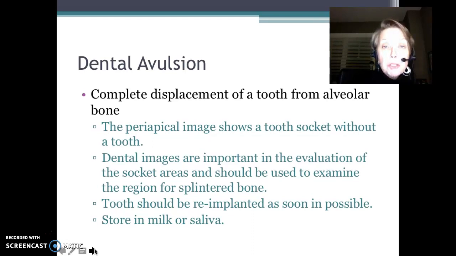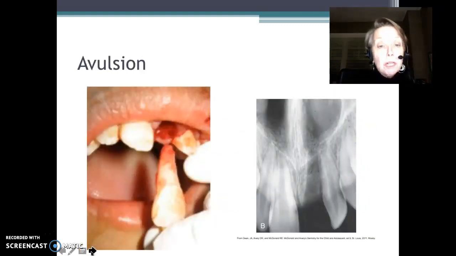In emergency care, the patient needs to contact their dentist ASAP. A tooth that's been avulsed should be reimplanted as soon as possible. When it is brought to the dentist, we keep it stored in milk or stored in saliva. The person can tuck that tooth in their cheek till they get to the dental office.